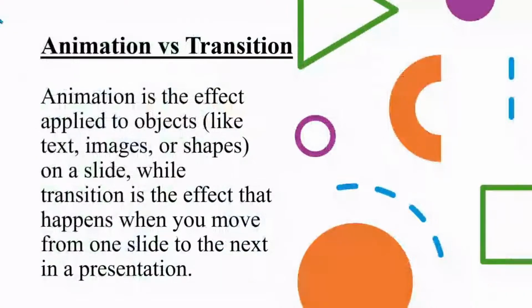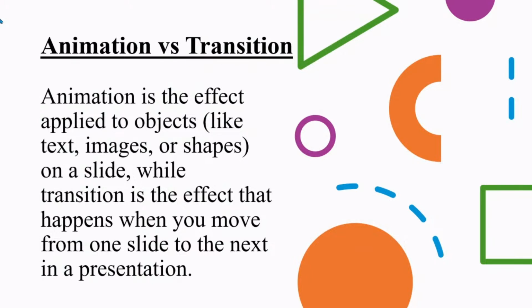And so yes, here we have it. Animation is the effect applied to objects. And when we're talking about objects, we're talking about text, images, or shapes on a slide, while transition is the effect that happens when you move from one slide to the next.